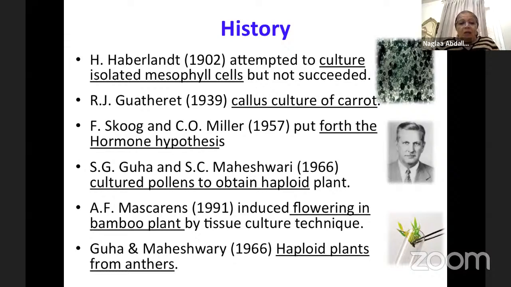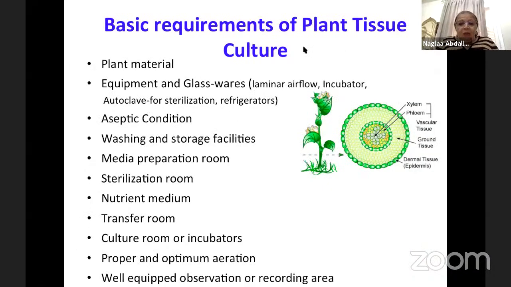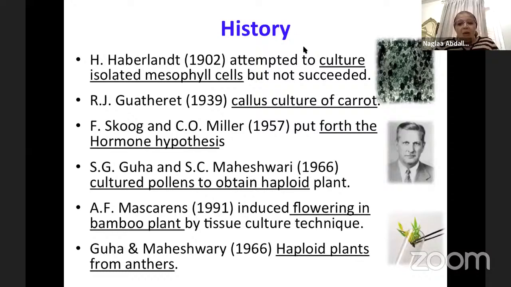Skoog and Miller were the first to produce the hormone hypothesis. In 1966, they obtained haploid plants from pollen. In 1991, they got flowers from bamboo. In 1966, they also had haploid plants from anther culture.